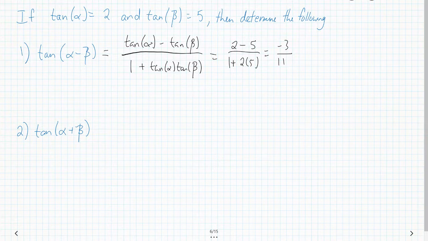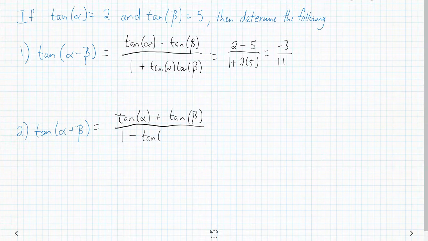So if you know the formula, stuff like this does get a lot better. Same thing on the second one, you get tangent of alpha plus tangent of beta all over 1 minus tangent alpha, tangent beta. And notice in that case we get 2 plus 5 all over 1 minus 2 times 5.